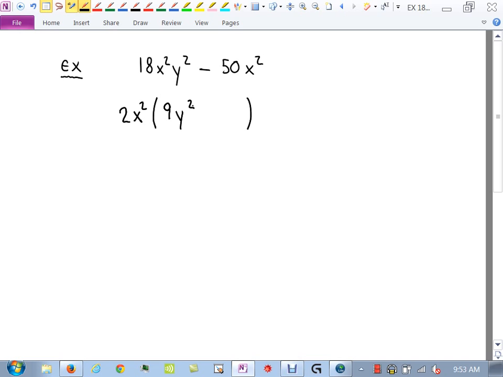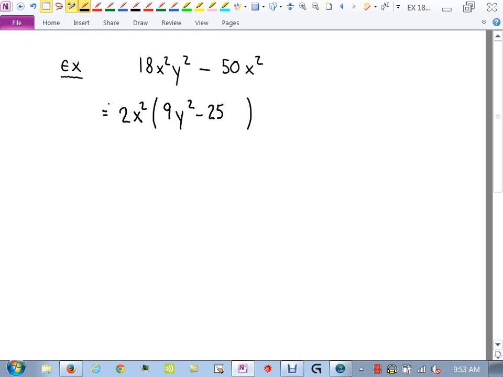Anything else on that one? No? How do I turn 2 into negative 50? Multiply by negative 25, right? How do I turn x squared into x squared? Well, I don't. It already is. So that's it. That's just GCF, though.